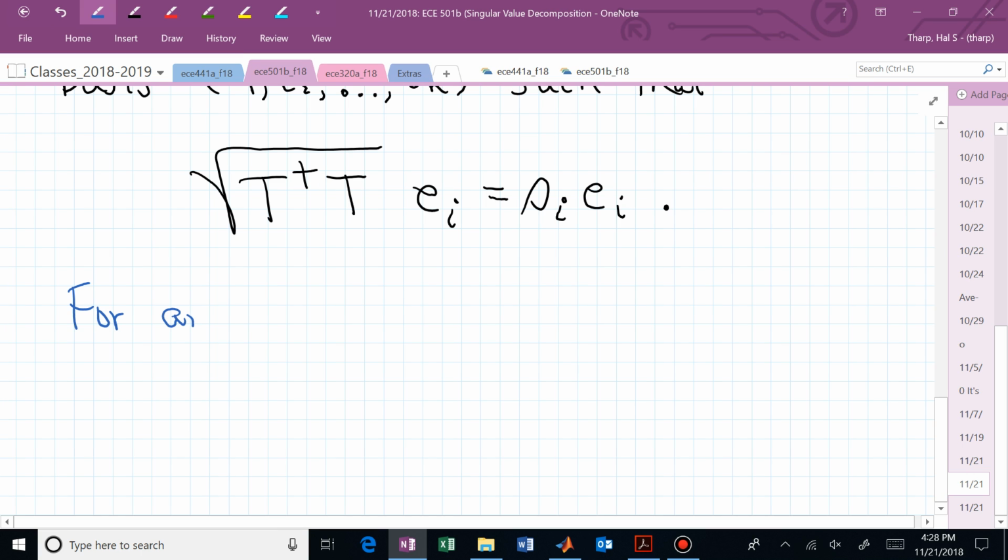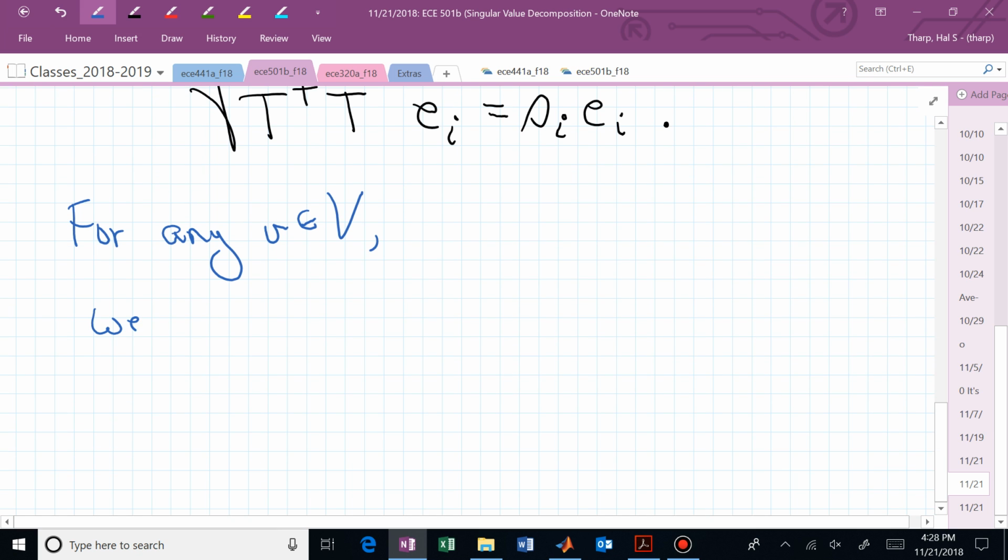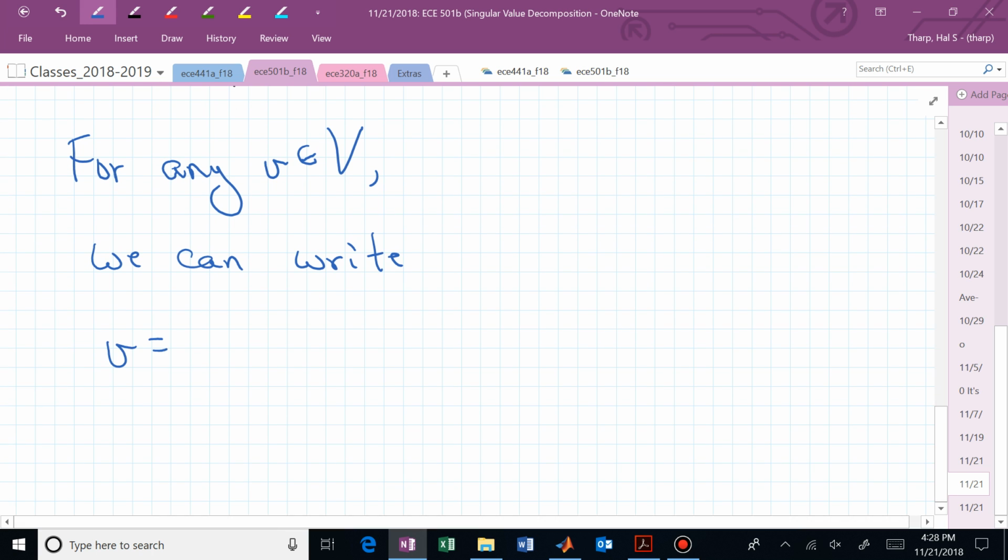So for any little vector v in our vector space V, we can write that vector v in its decomposed form. We can say, what's the component of v in the direction of E1, and use that to scale E1. What's the component of v in the direction of E sub 2, and use that to scale E sub 2.